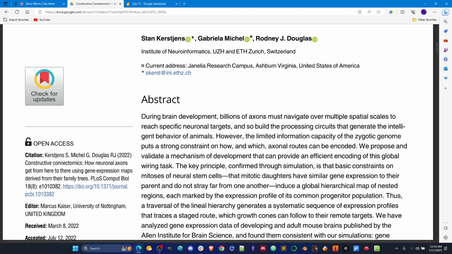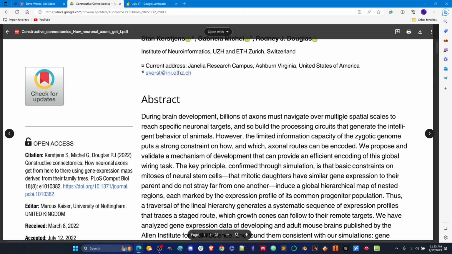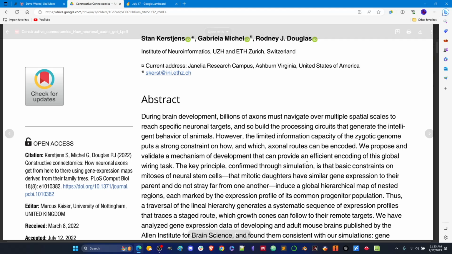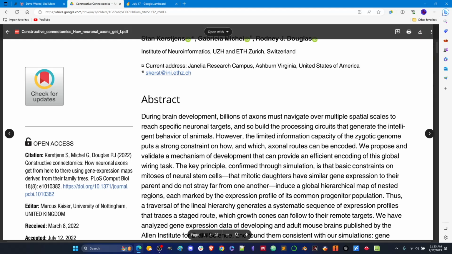So it all goes back to what the genome is able to encode. If it can't encode the signals, or encode them in time, or enough of it is produced, then the system doesn't work. So these axonal routes are controlled ultimately by the zygotic genome.